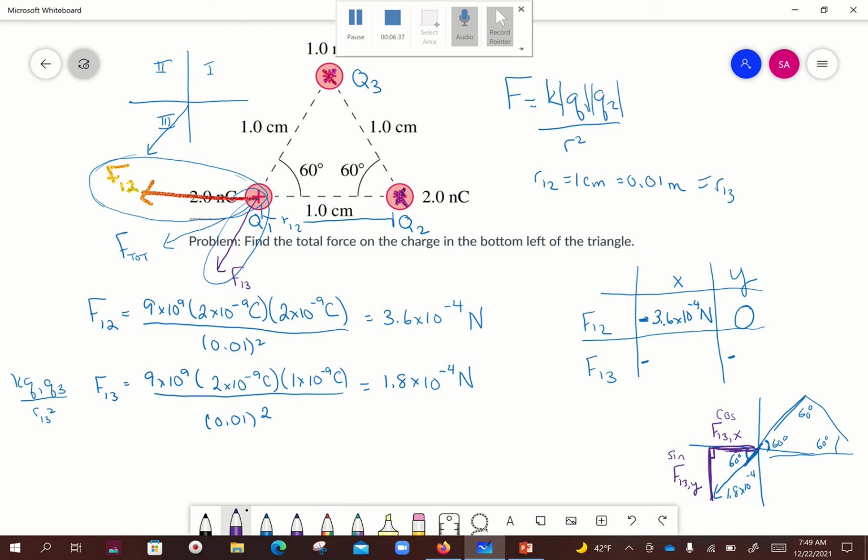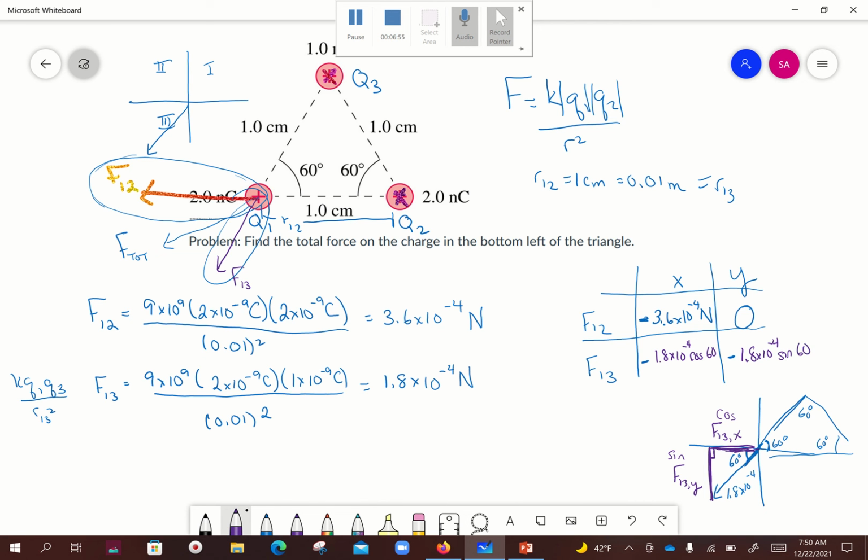All right, so now I just put in the magnitude, 1.8 times 10 to the minus 4 cosine of 60. And the y is going to be 1.8 times 10 to the minus 4 sine of 60.